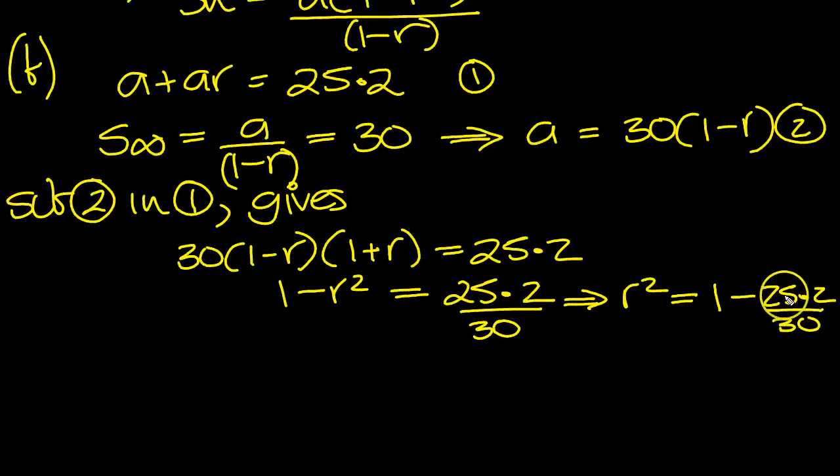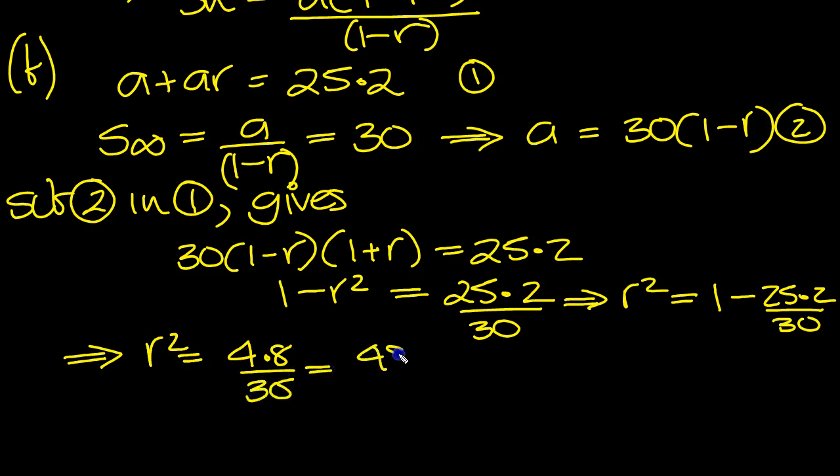And of course 30 over 30, take away 25.2 is 4.8. So r squared then will equal 4.8 over 30, which equals 48 over 300. And we can square root that, if we wish. I'm just going to divide it down, I think.